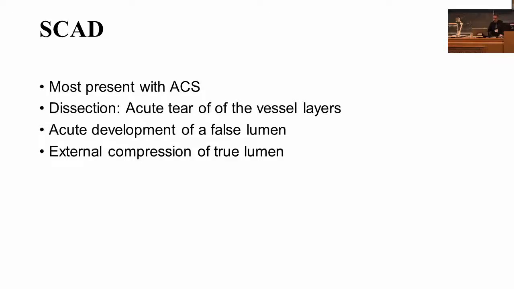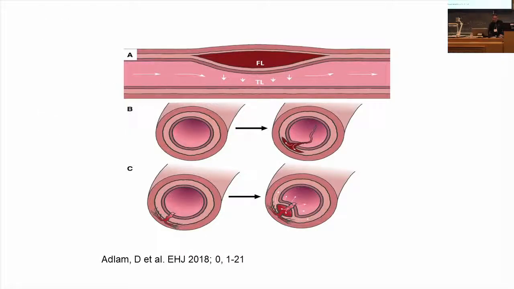Now, in SCAD, as you know, most of the patients present acutely with acute coronary syndrome. Basically, they have a dissection with an acute tear of the vessel layers. So you acutely develop a false lumen. And when the false lumen gets enough pressure, it can cause some compression of the true lumen. So this is a cartoon of an artery. The artery has a lumen, and then it has the wall. The wall has three layers.